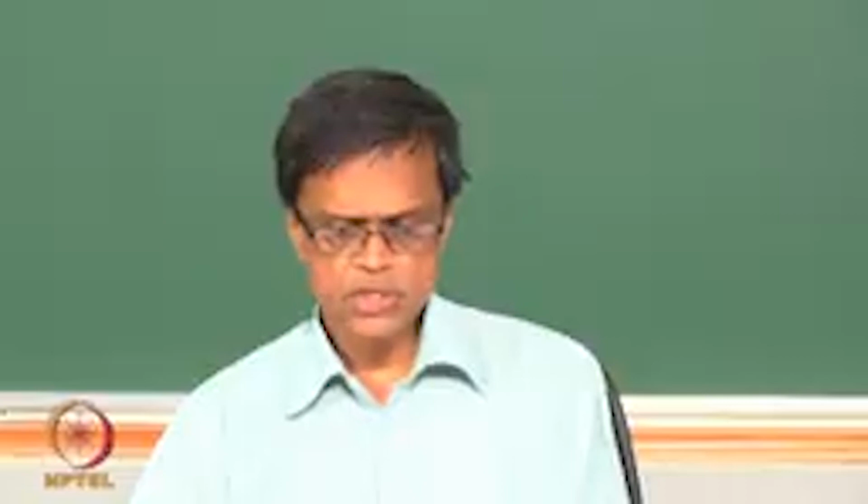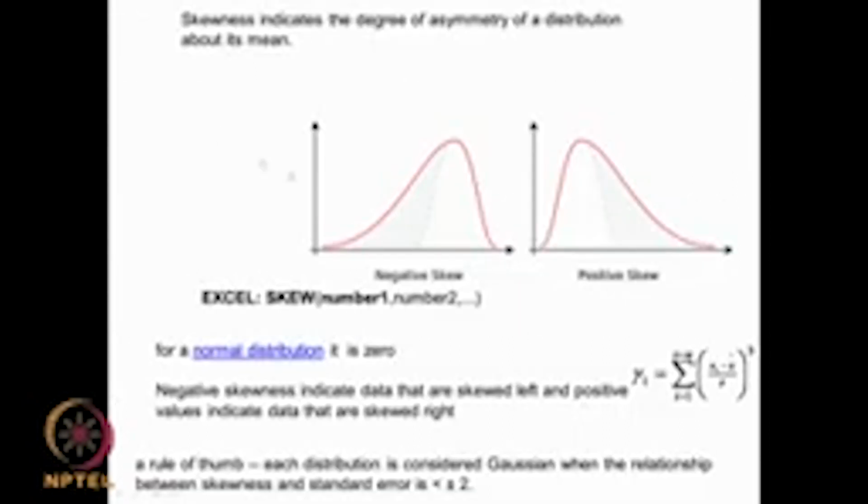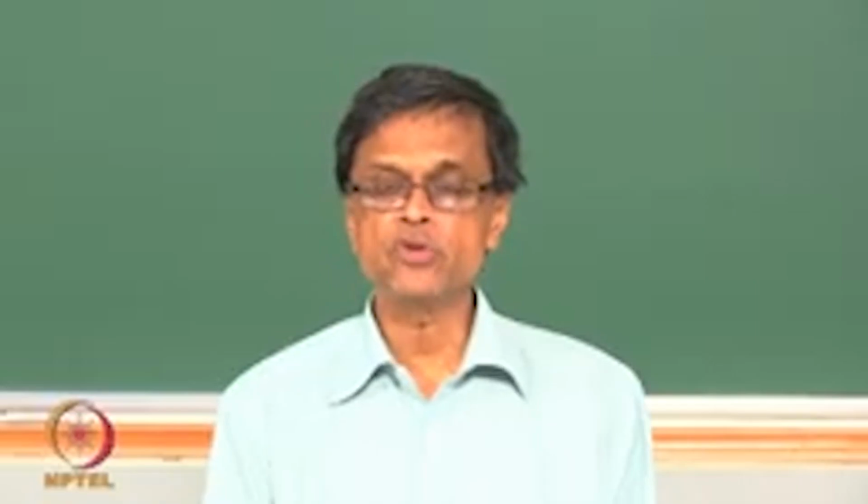And then the other tests which I mentioned: the Ryan-Joiner test, which calculates a correlation coefficient, and the Kolmogorov-Smirnov method, which uses something called an empirical distribution function. Then we also have some parameters called skewness and kurtosis. They are also an indication of the normality of your data.